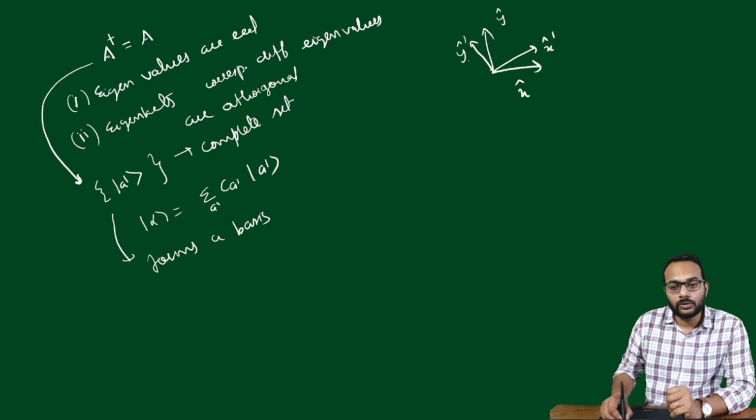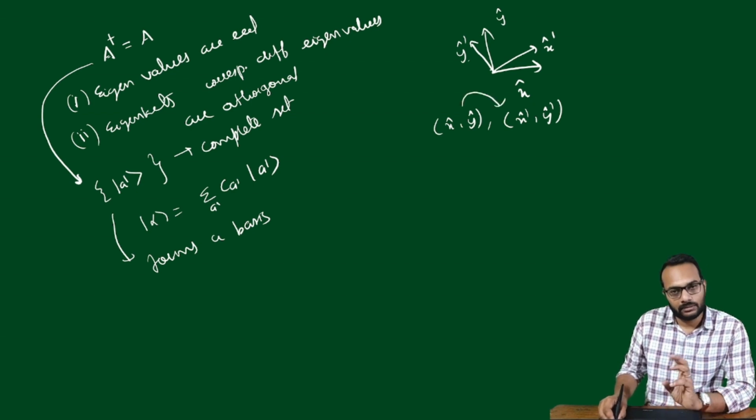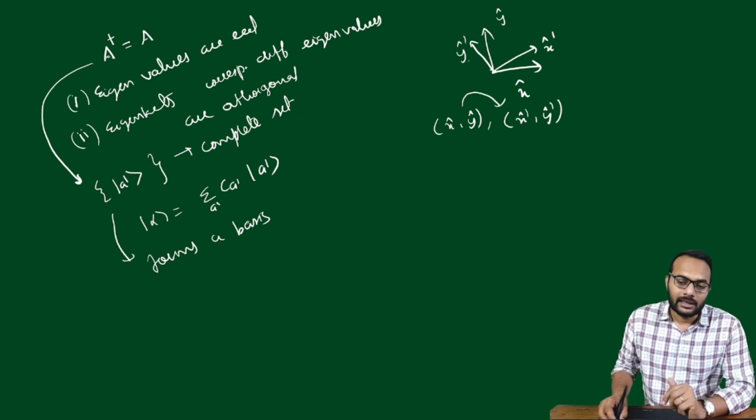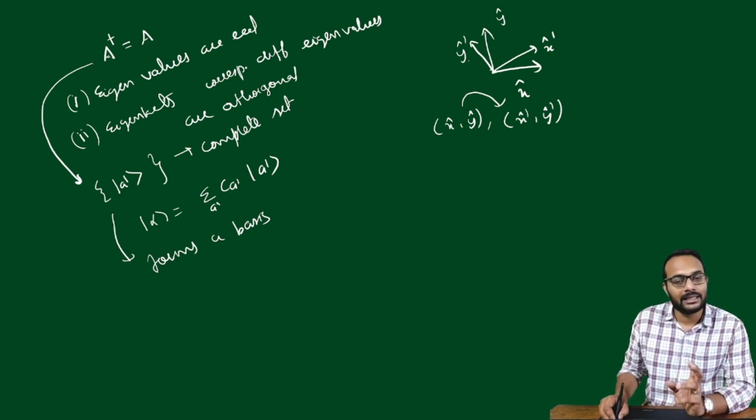These are two different sets of base vectors. And we know that we can go from one set to the other by making a rotation. So these two sets are related by a rotation.